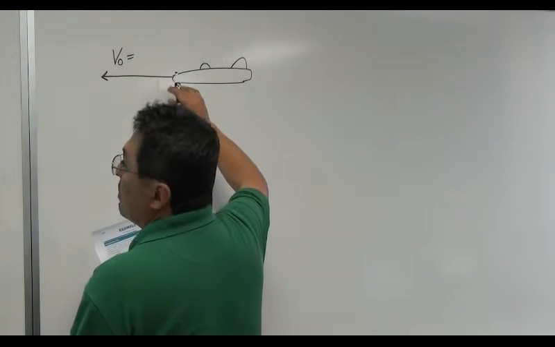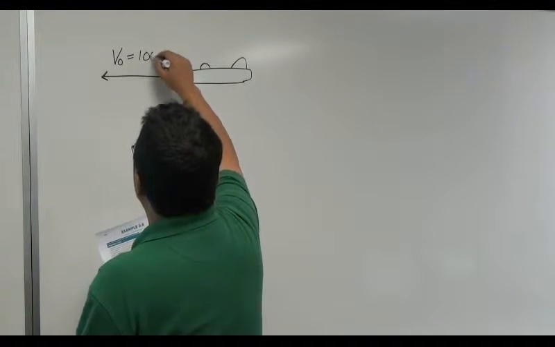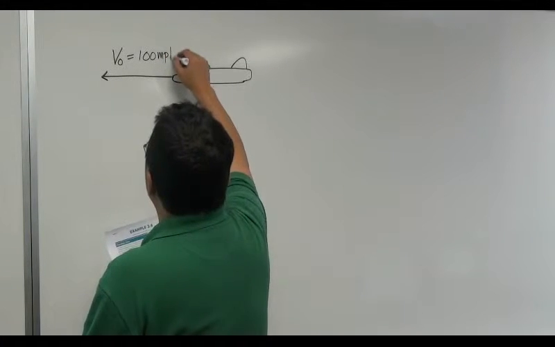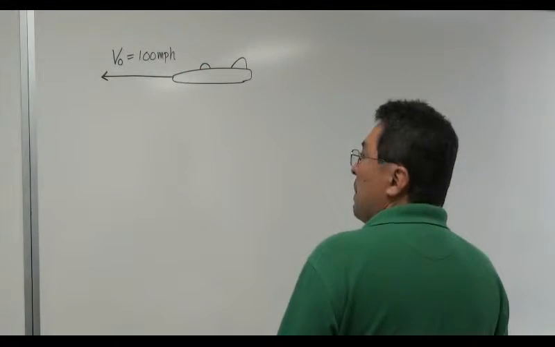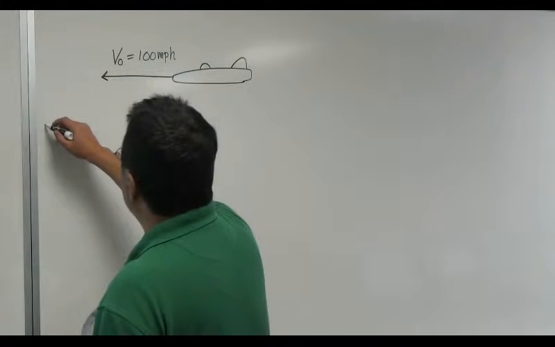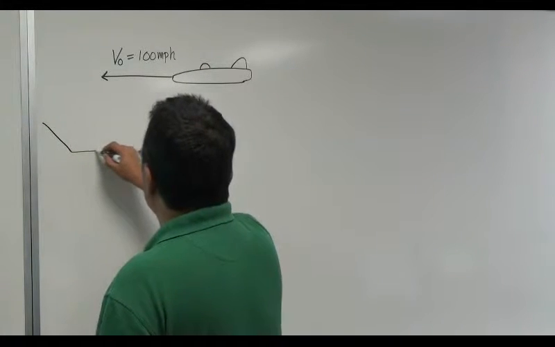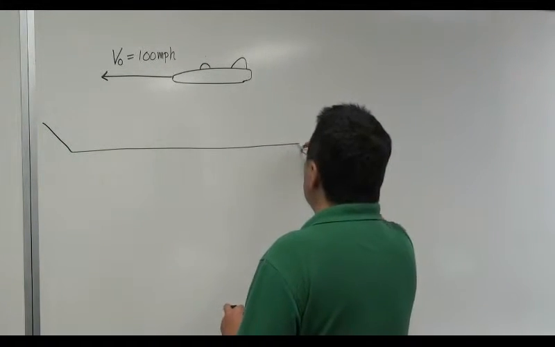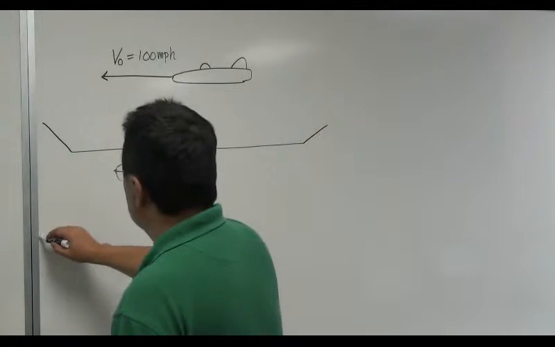This is the motion of this airplane, which is 100 miles per hour. Okay. Now we really need to think about the equivalent situation in the wind tunnel.